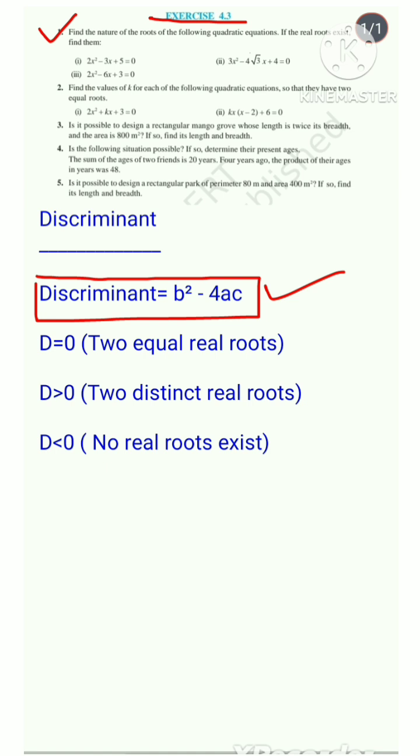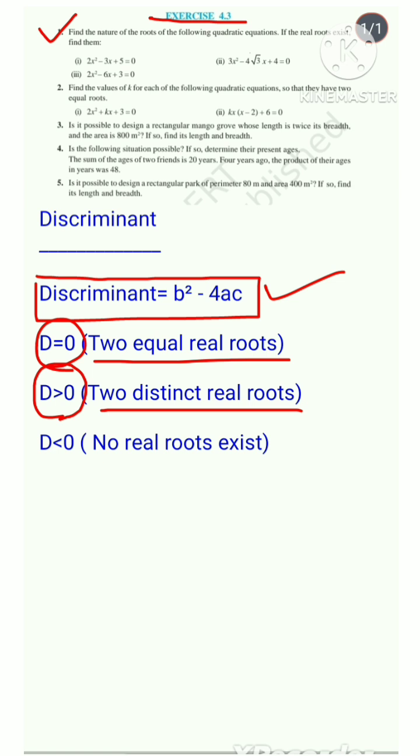Suppose the discriminant is equal to 0, then there will be two equal real roots, right? Similarly, if the discriminant is greater than 0, then there will be two distinct real roots. Distinct real roots means two different real roots, right?